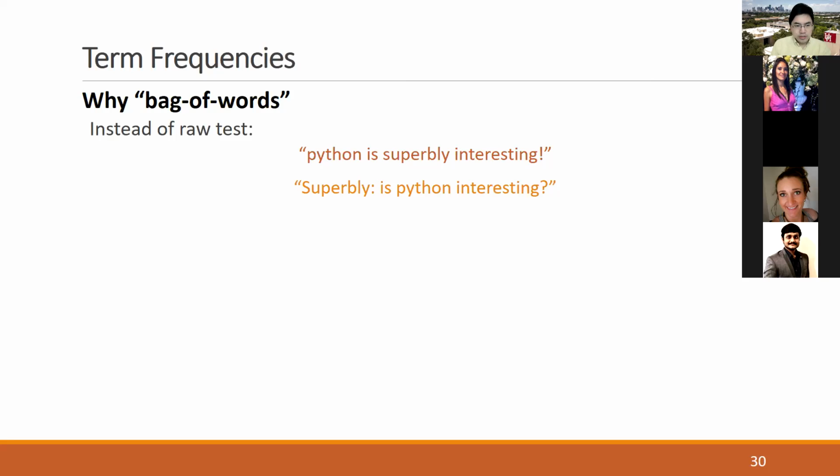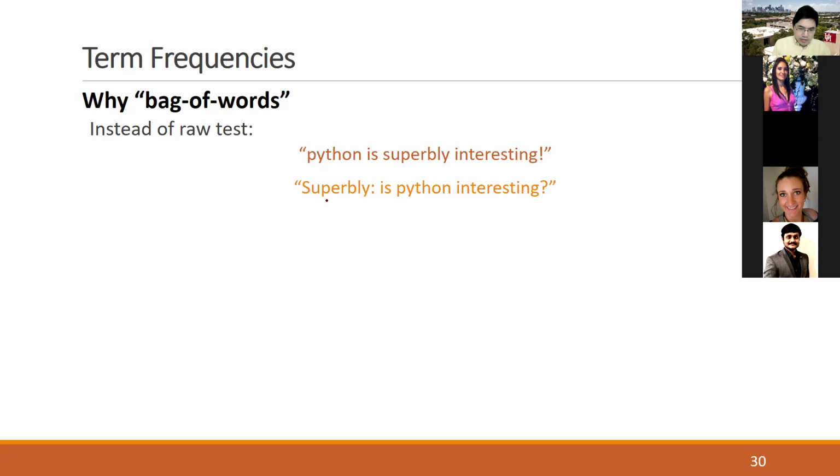Here is some illustration. In the normal text, we say "Python is superbly interesting." This is expressing some amazing feelings about Python. But what if there's another way to use these 4 words to express different feelings?